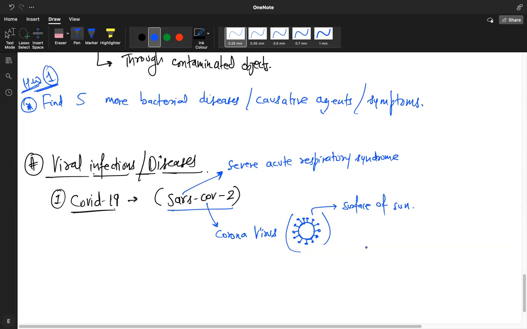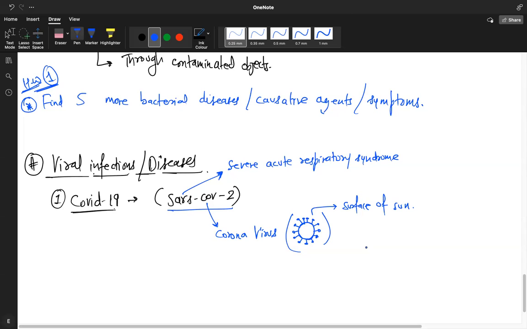And there was also a cousin called MERS, Middle East respiratory syndrome, that happened in the Middle East region. MERS was also a similar kind of virus. And then SARS-CoV-2 is a unique, different virus that infects humans.